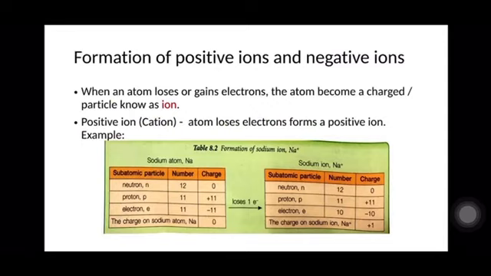Dan ion can be divided into 2. Positive ion ataupun negative ion. Positive ion kita panggil cation. Negative ion kita panggil anion. Boleh? Cation donate electron. Anion receive electron.